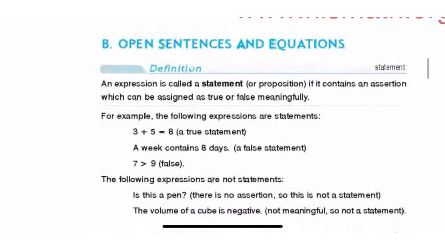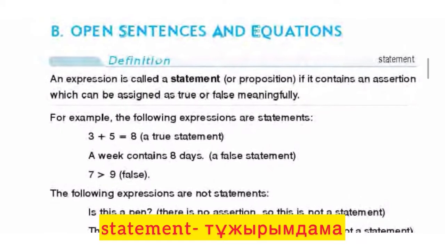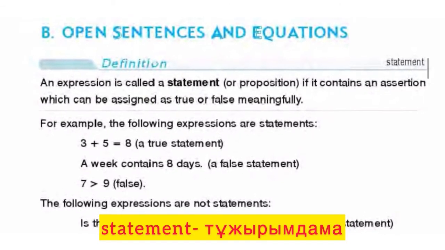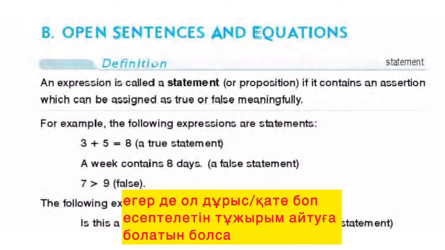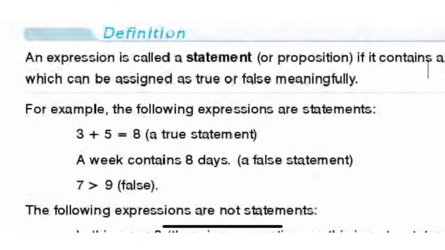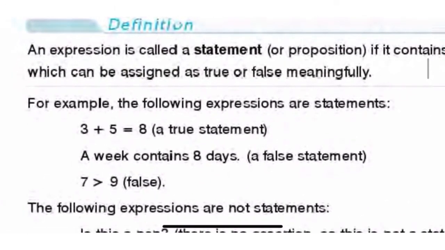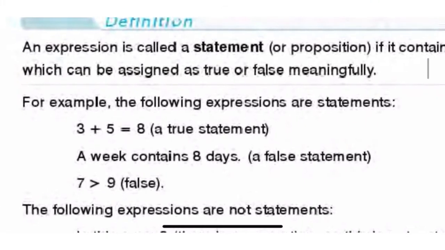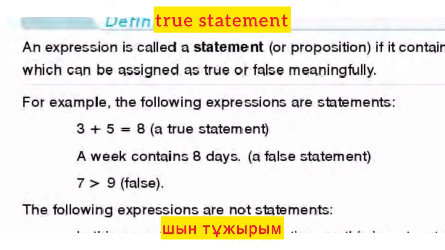Now let's learn about statement. An expression is called a statement or proposition sometimes if it contains an assertion which can be assigned as true or false meaningfully. For example for statement, 3 plus 5 equals 8. This is true, right?